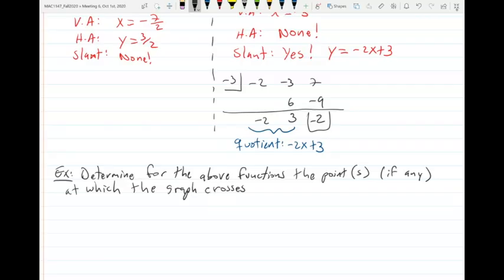Vertical asymptote, we don't have to worry about it because we will never cross the vertical asymptote. But horizontal or slant, we may, so we need to see.